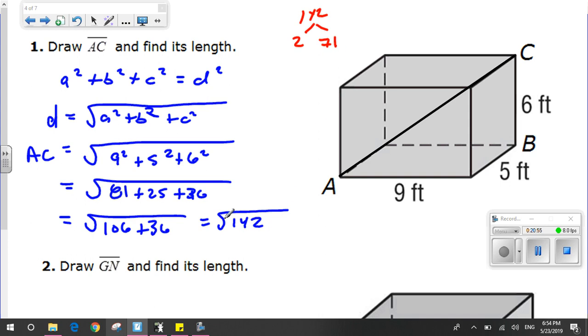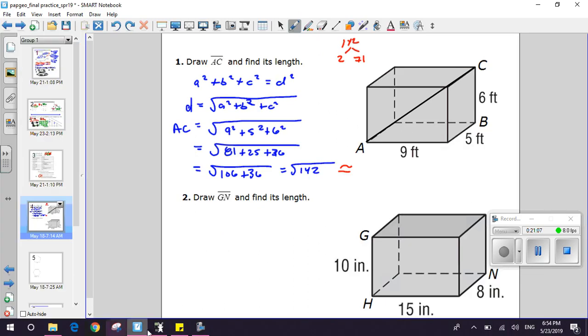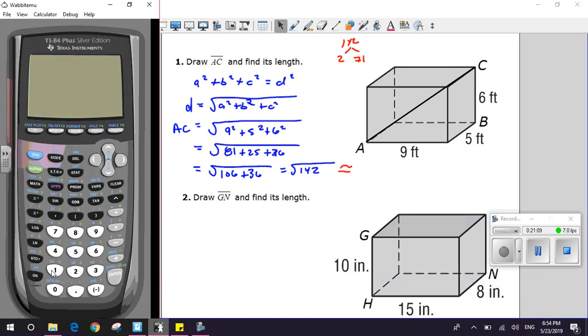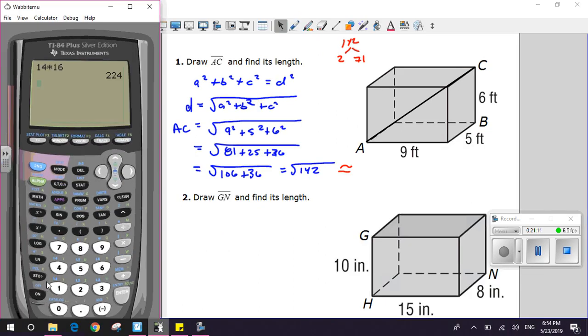So the simplified version is the square root of 142. And then if need be, we can put it in the calculator and approximate. So the square root of 142 is about 11.92.